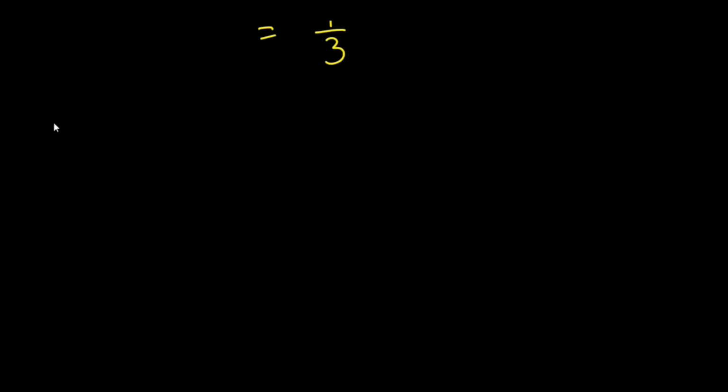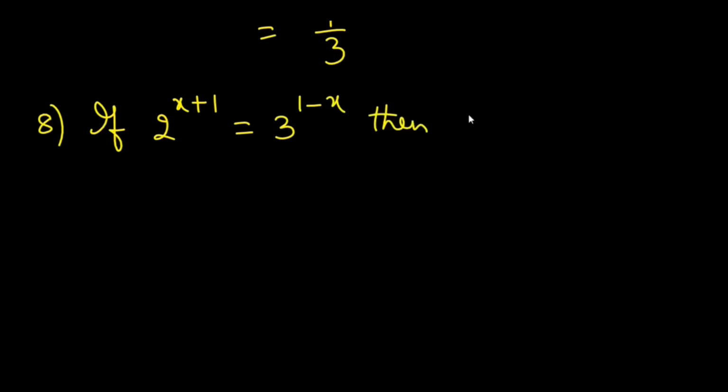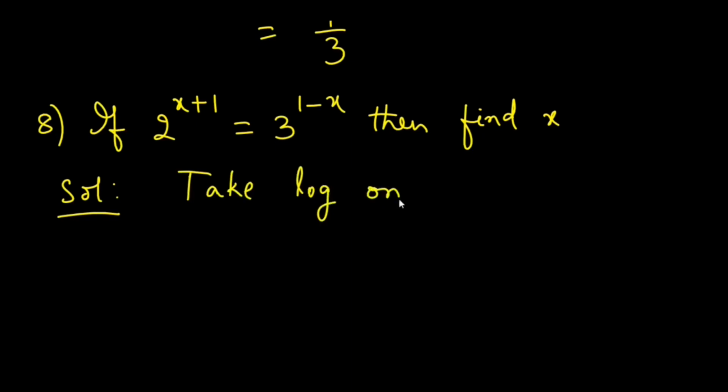Now let us see the eighth problem. If 2 power (x plus 1) is equal to 3 power (1 minus x), then find x. Now solution is, here x is there in exponents. So let us take log on both sides.